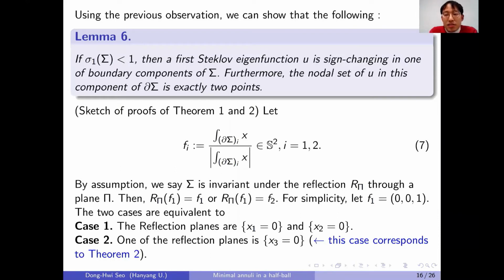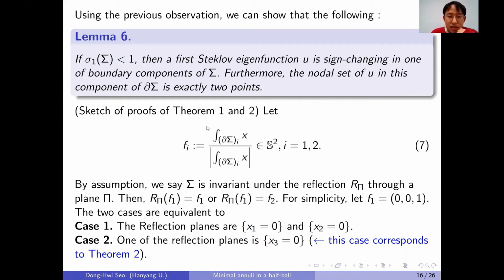So using the previous observation, we can show the following lemma. It says if the first eigenvalue is less than 1, then the first eigenfunction is sign changing in one boundary component, and in this boundary component there are exactly 2 nodal points.